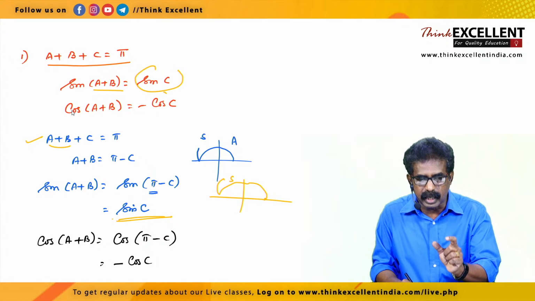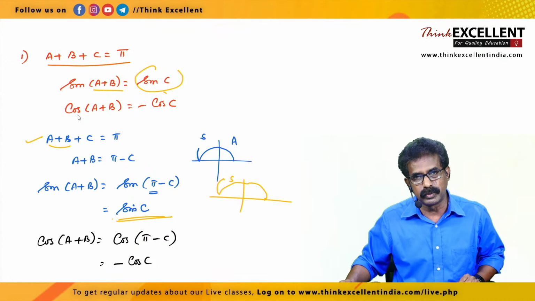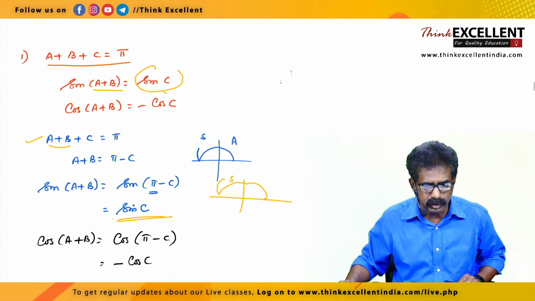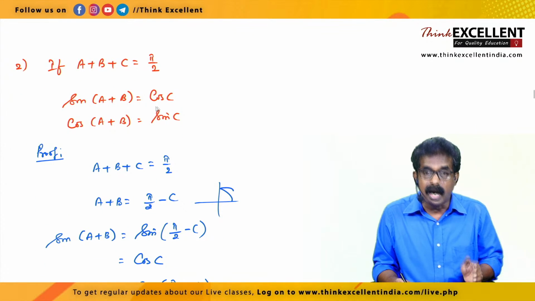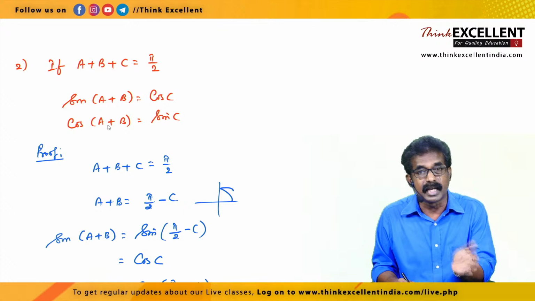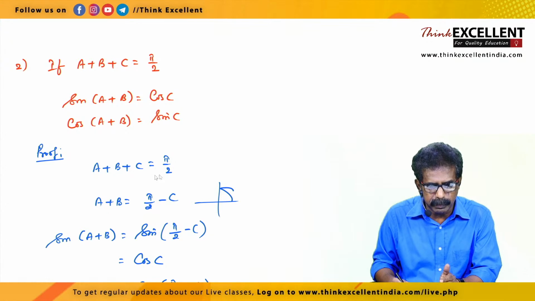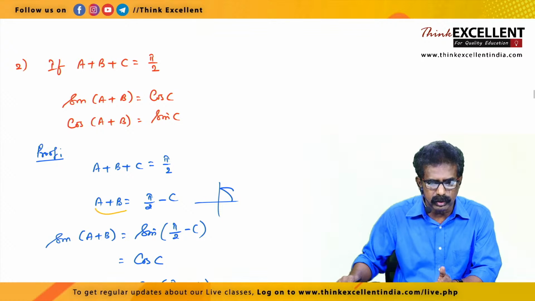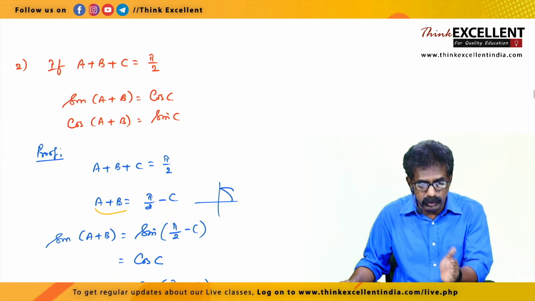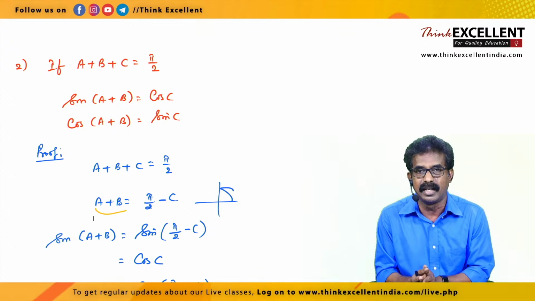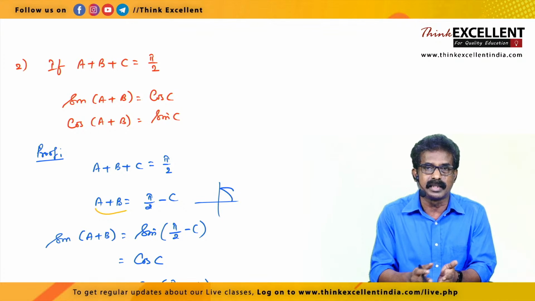When will you use these two? If A plus B plus C equal to pi by 2, then sin A plus B is cos C, cos A plus B is sin C. They come as complementary, because the reason is A plus B plus C equal to pi by 2, so A plus B equal to pi by 2 minus C. When you take sin of 90 minus theta, cos theta comes, and cos of 90 minus theta becomes sin theta.